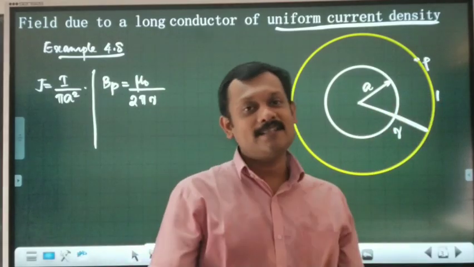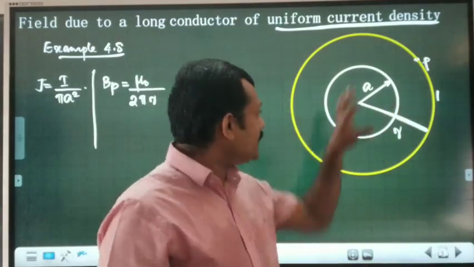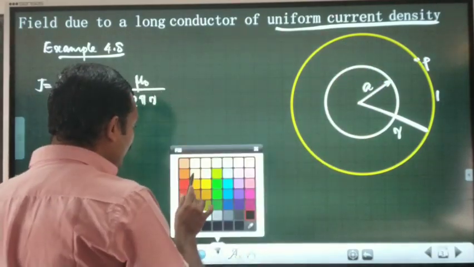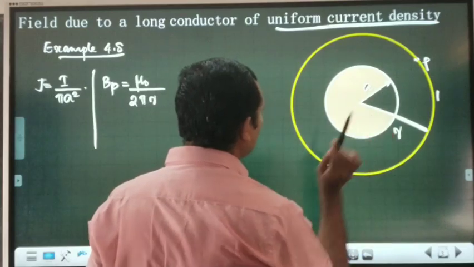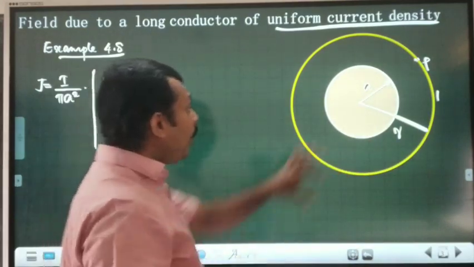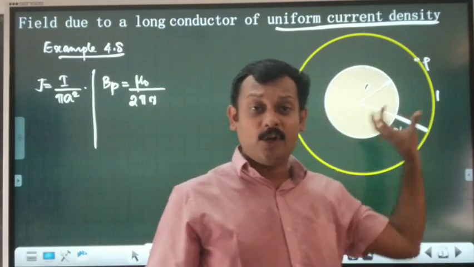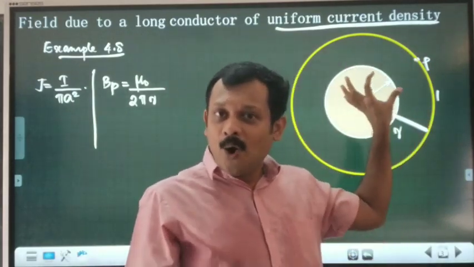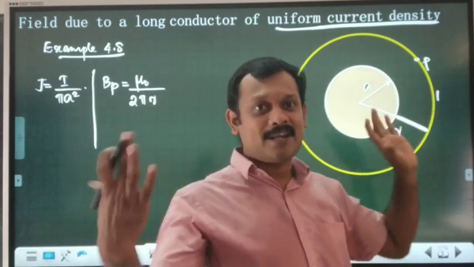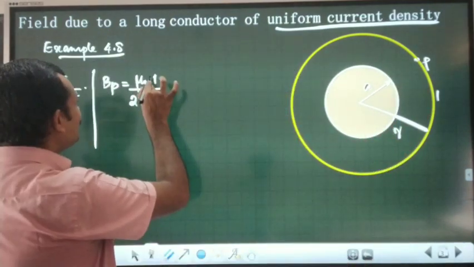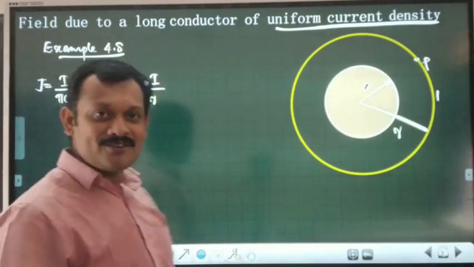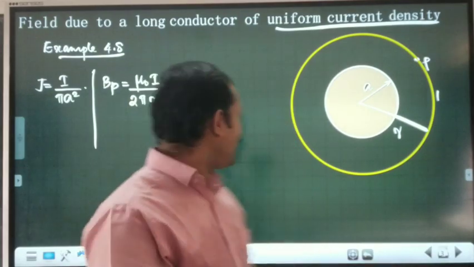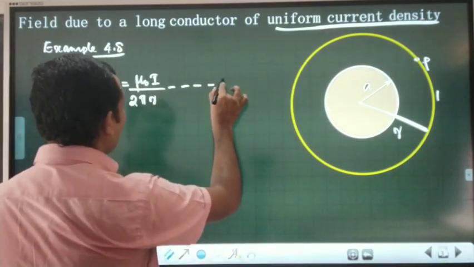You can see that the whole conductor is inside this Amperian loop, and the current enclosed is equal to the total current I. Hope it is very clear to you. So B equals mu 0 I divided by 2 pi R. That is our equation number 1.